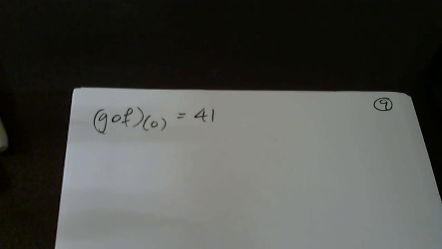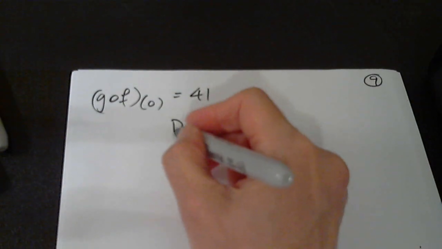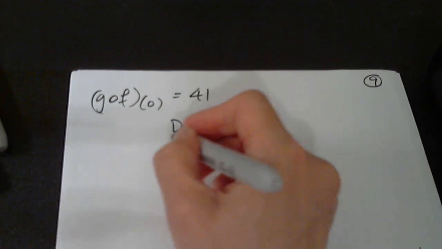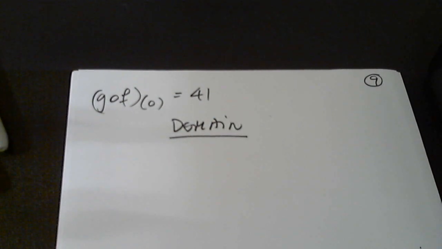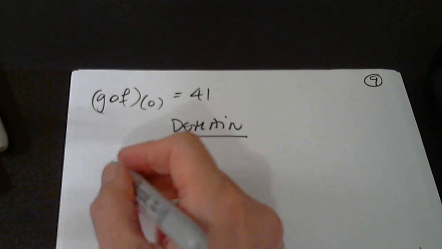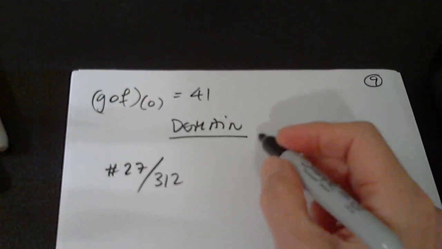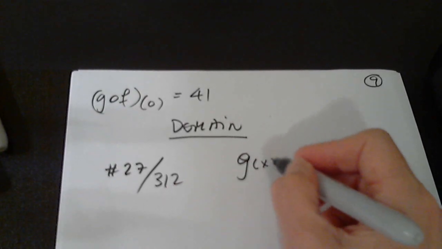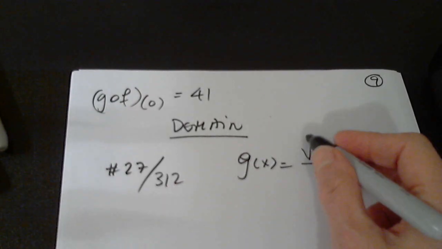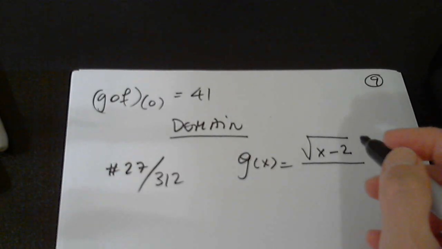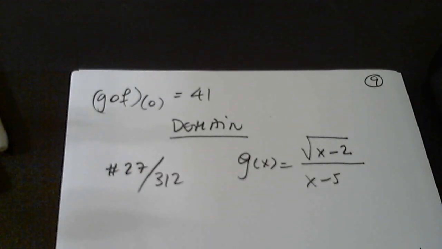Okay, I just would like to look at a domain, again, of a function like, let's say, 27 on page 312. And the function is g of x equals the square root of x minus 2 over x minus 5.